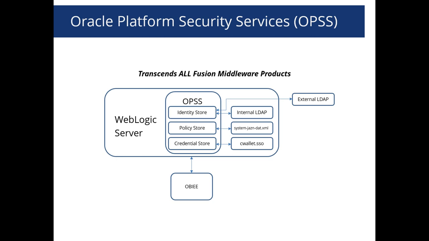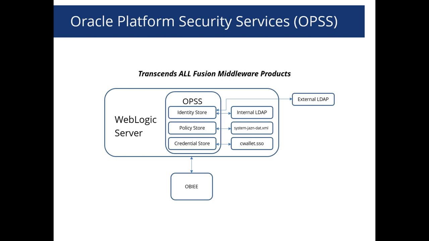The credential store is just an Oracle wallet that's stored within the WebLogic file system. The policy store, I've noted there for you, is defined within the XML file as noted. The identity store is either the internal LDAP that comes out of the box or potentially an external LDAP.